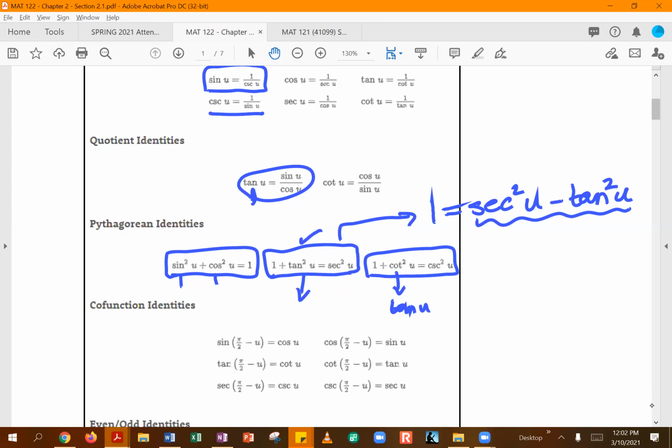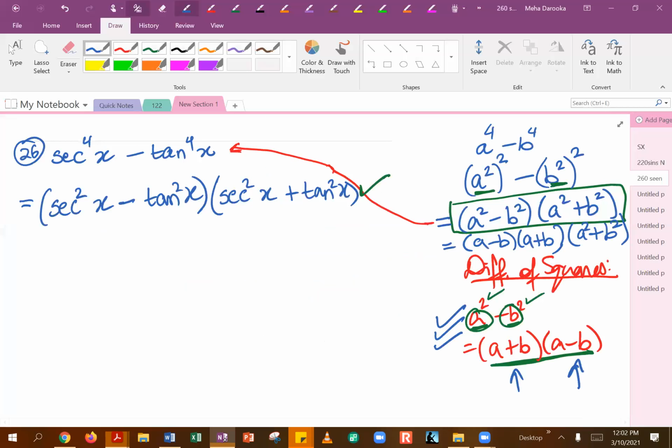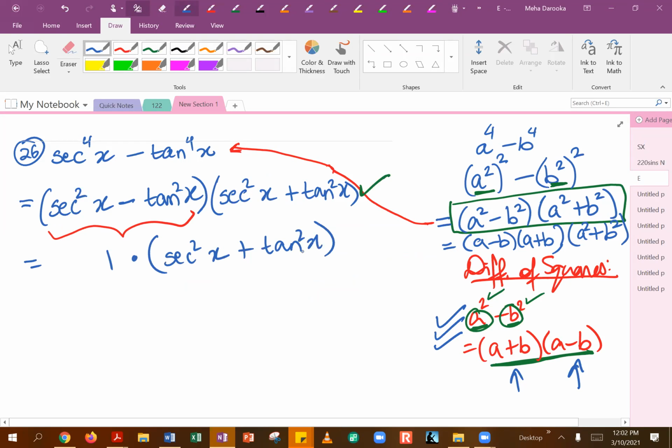So we will be able to replace that and say, oh, that is equal to 1. So right over here, your secant squared of x minus tangent squared of x will become 1 from your Pythagorean identity. So you will basically have 1 times secant squared of x plus tangent squared of x. And we cannot simplify that part. So that will be our simplified answer.